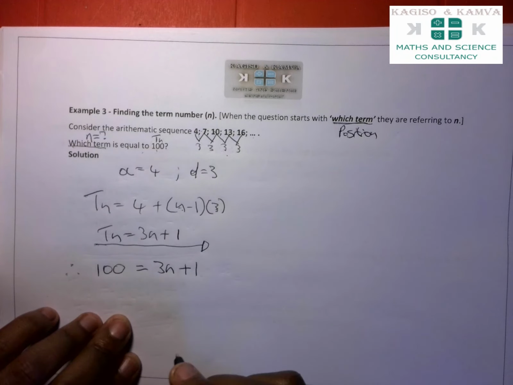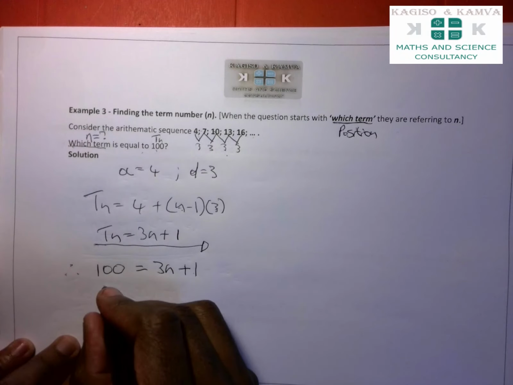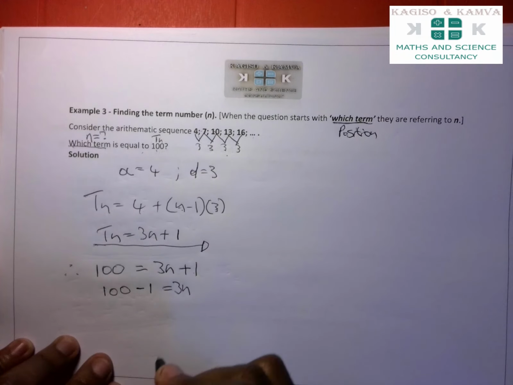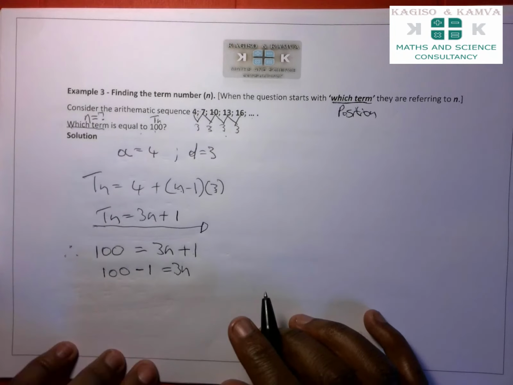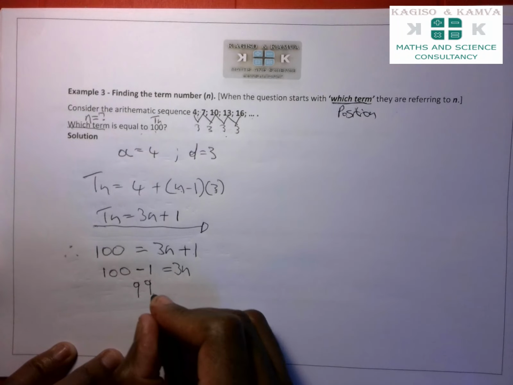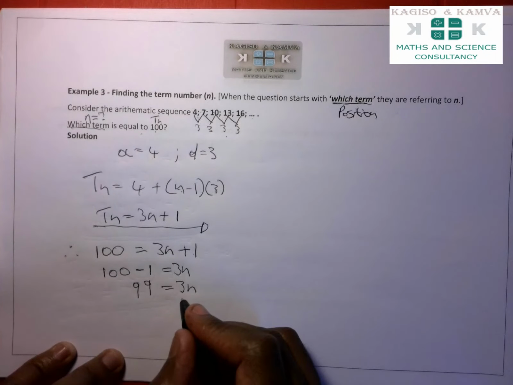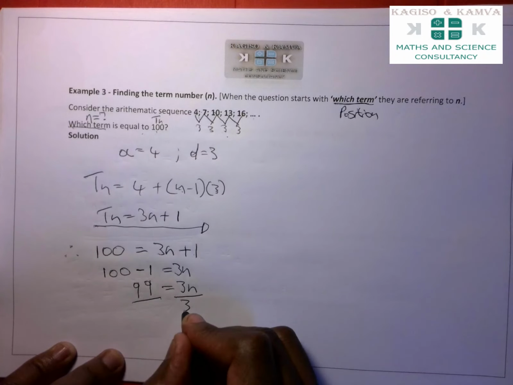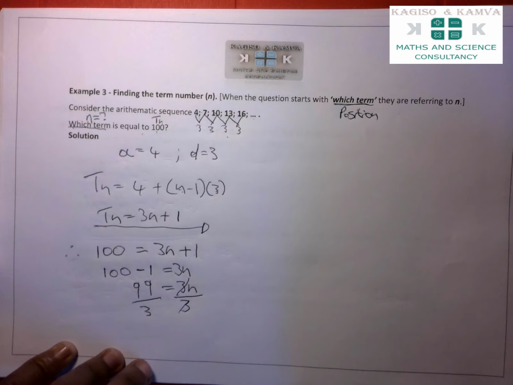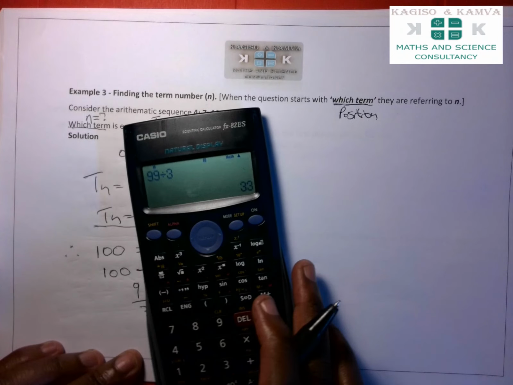We transpose 1 to the other side. 100 minus 1 is equal to 3n, so 99 is equal to 3n. What do we do from here? We divide both sides by 3. The 3s cancel, and 99 divided by 3 is 33. So n is equal to 33.